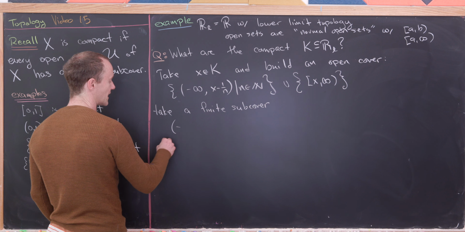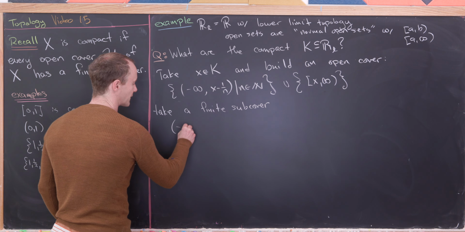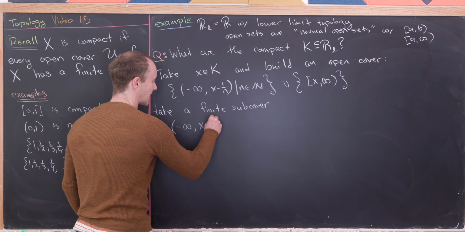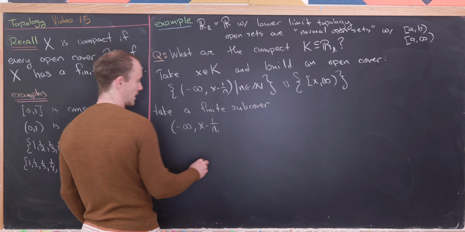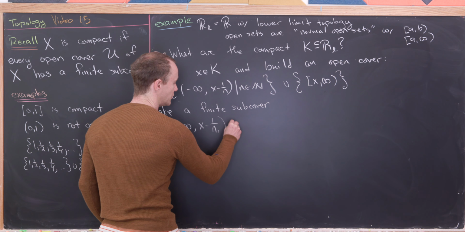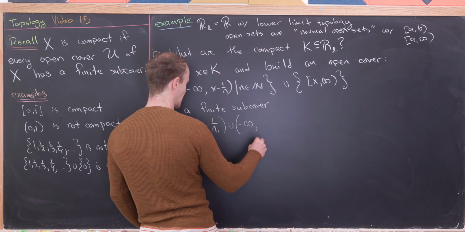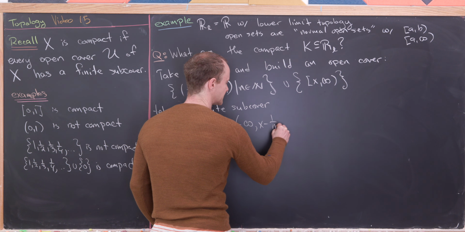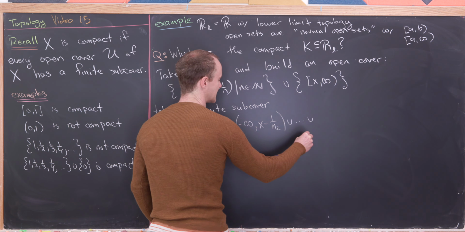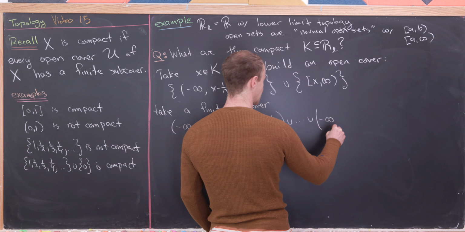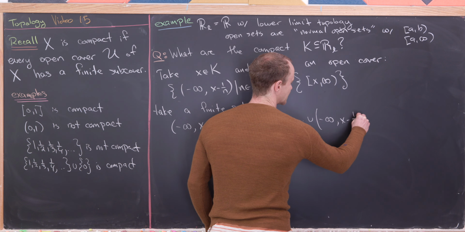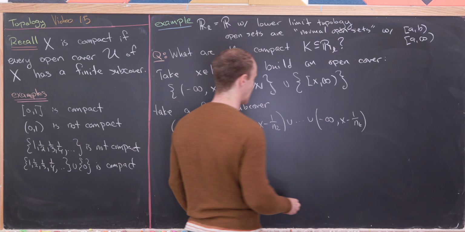So let's write those down. So it's going to be of the form (minus infinity, X minus 1 over n_1) union (minus infinity, X minus 1 over n_2) union dot dot dot up to (minus infinity, X minus 1 over n_k).